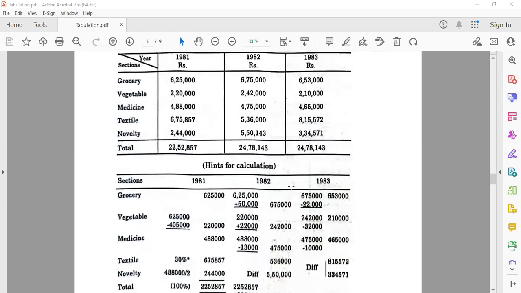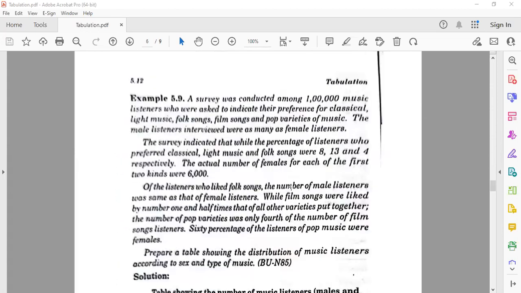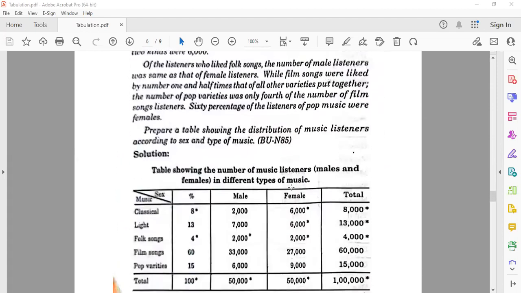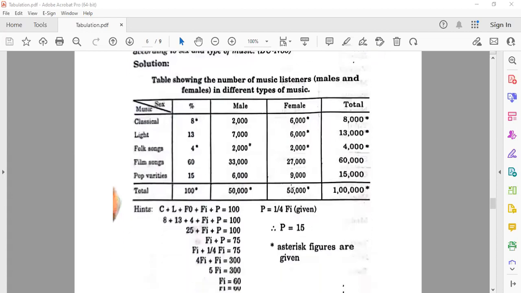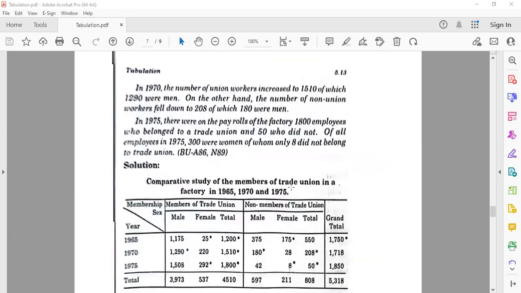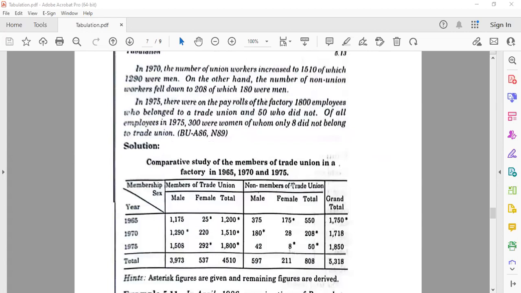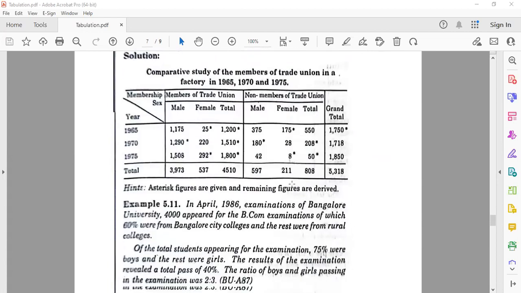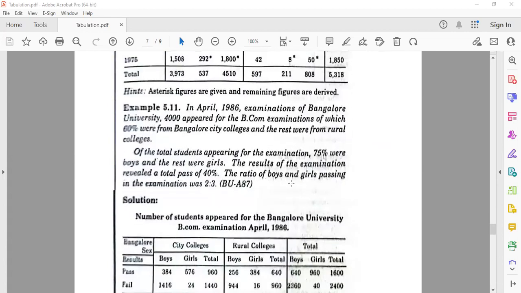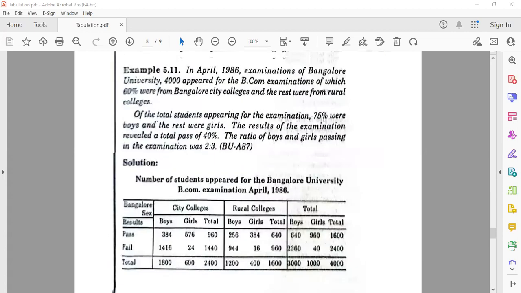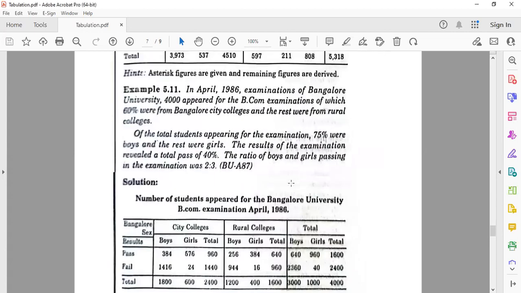Then we'll take another simple problem where we can solve this tabulation related problem. Now it is given here, 5.11: in the April 1986 examination of Bangalore University, 4,000 appeared for BCom.